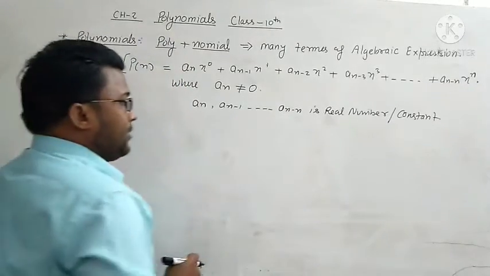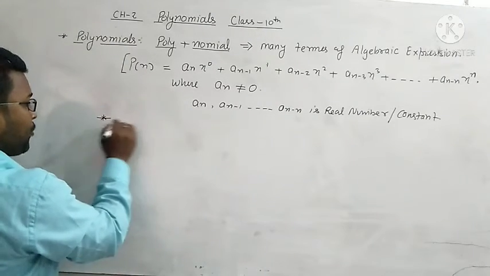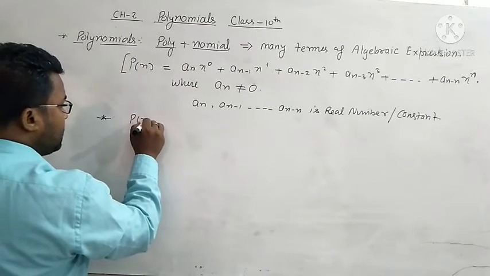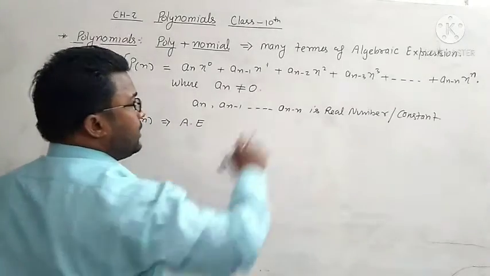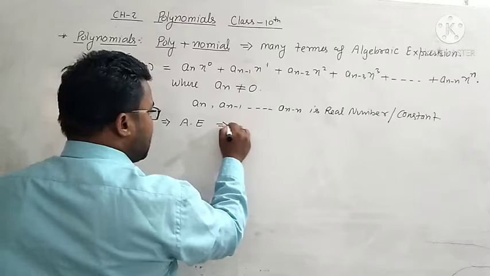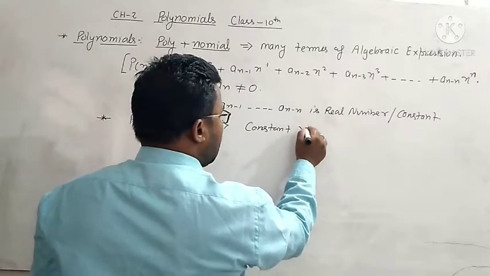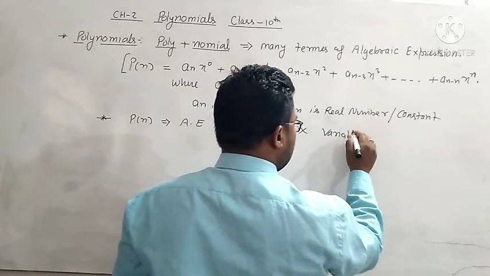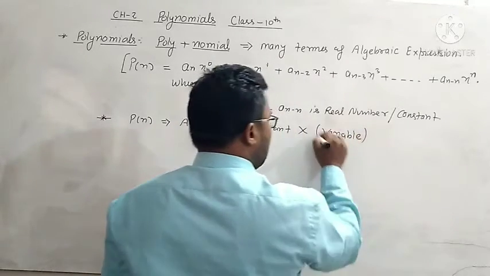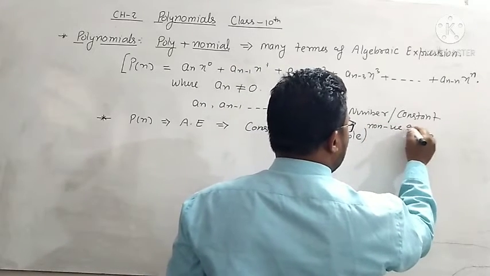So in class 10th, first of all, we define the polynomial p(x) as an algebraic expression. We have also defined the algebraic expression. Algebraic expression means constant into variable to the power non-negative integer.